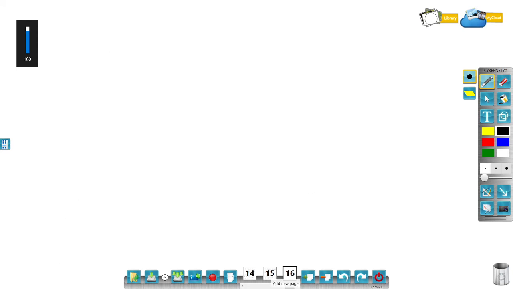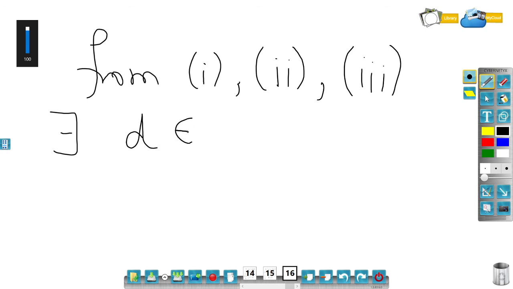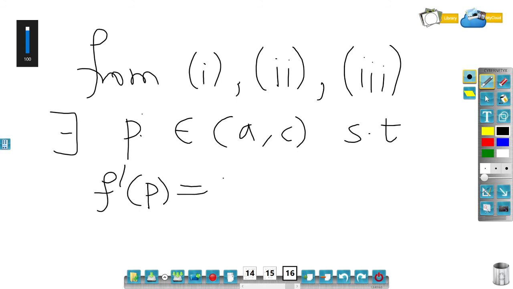So from 1 to 3, we can say there is some point, some p, between a and c such that f dash at p is equal to 0.